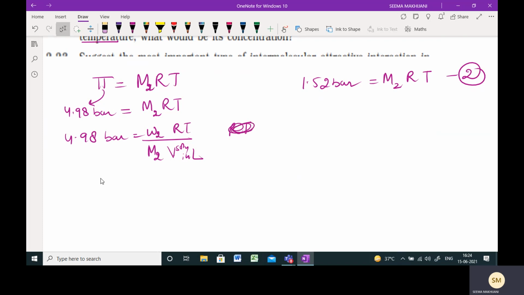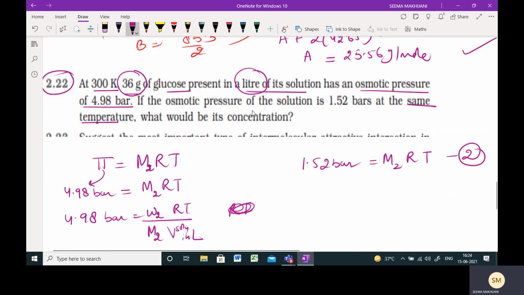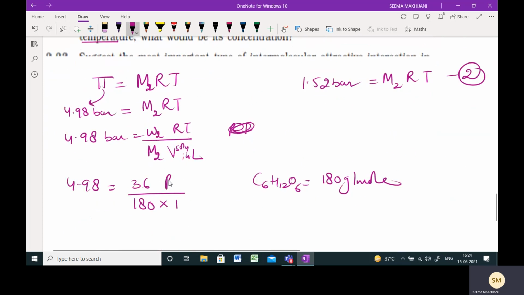Substituting the values here, what do I get? 4.98 is equal to 36 grams upon the molar mass of glucose, C6H12O6. If you solve it, you get it to be 180 grams per mole. So the denominator is 180. The volume of the solution given to you is 1 liter. Please cross check, it was 1 liter. So 1 liter times R into T.